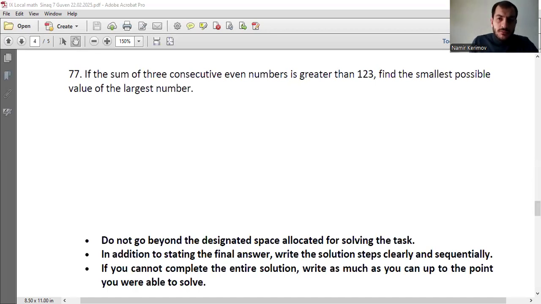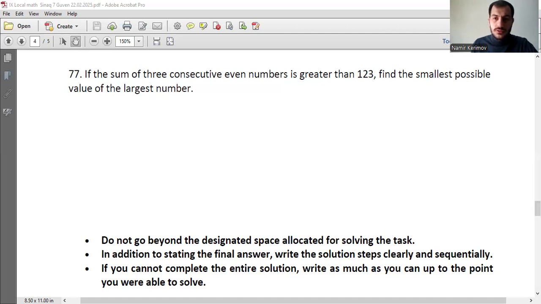So the sum of the 3 consecutive even numbers should be greater than 123. So 6n plus 6 greater than 123. So 6n should be greater than 117.